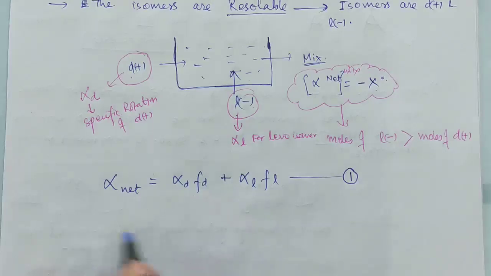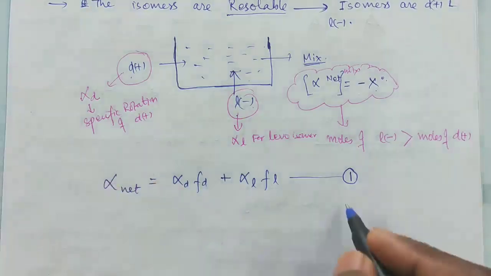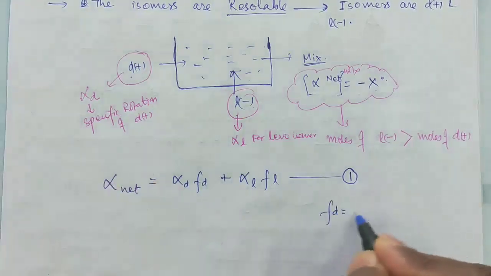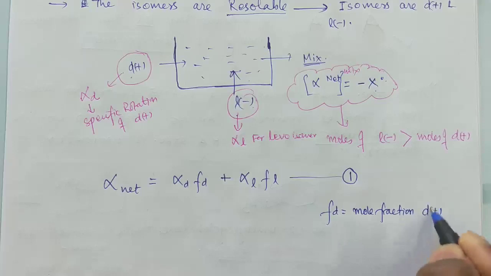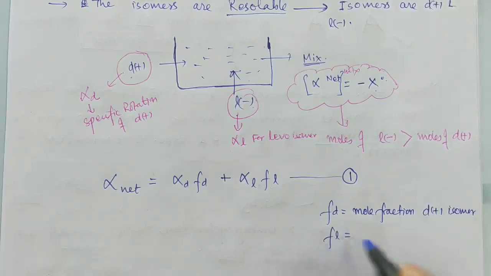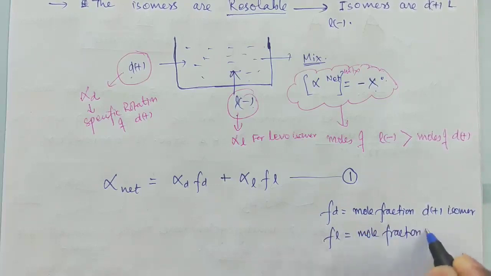What is FD? FD is the mole fraction of D plus isomer, and FL is equal to the mole fraction of L minus isomer, right?